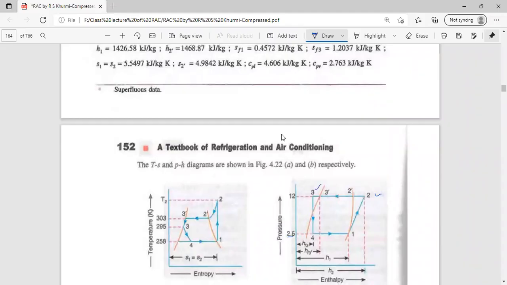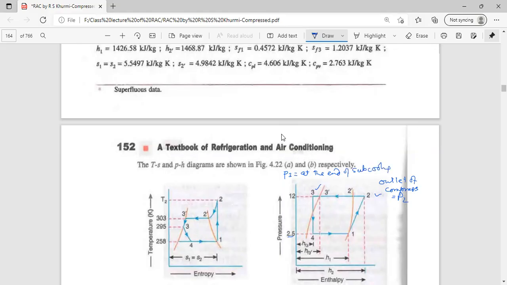P3 is the pressure at the outlet of the subcooling system, the pressure at the end of subcooling.